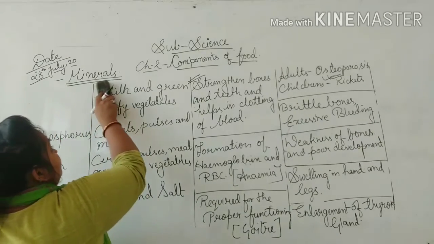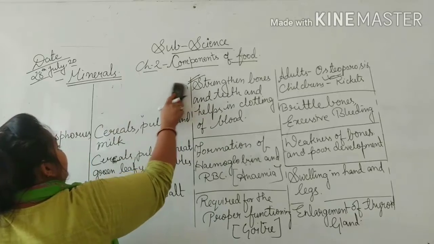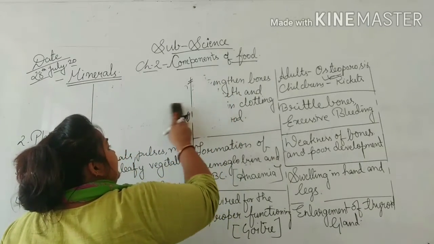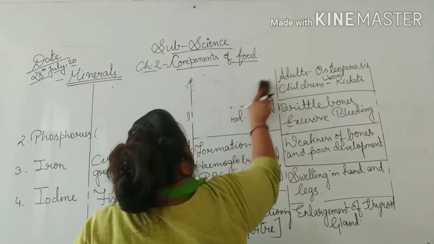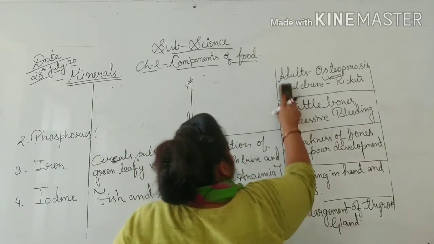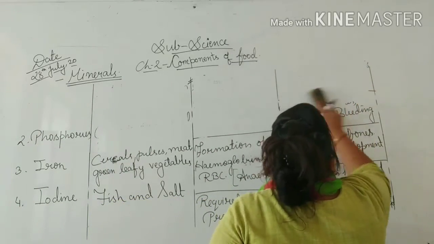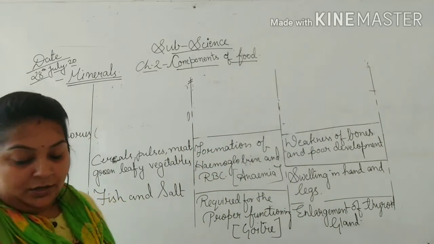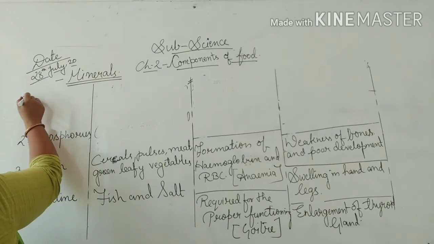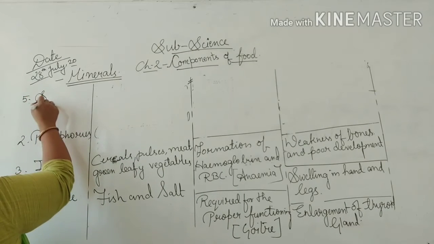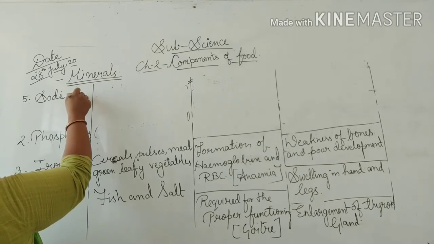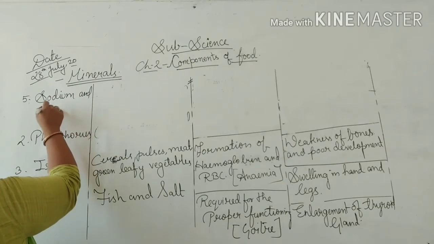Sodium and potassium. In what way sodium and potassium are helpful for us, that we are going to study. Next one. Let me raise a question so that you can understand. Okay. So number fifth is sodium and potassium.